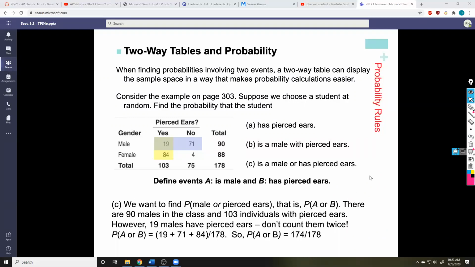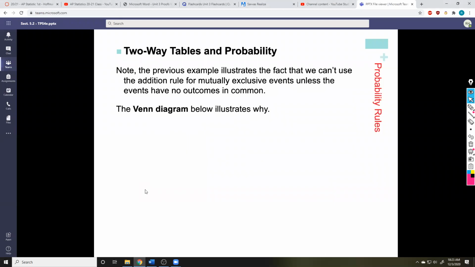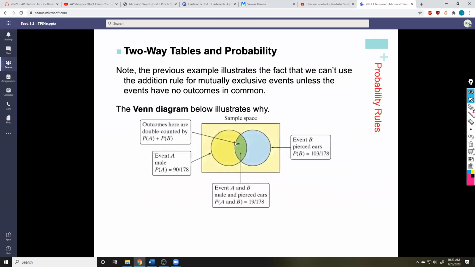Okay, next slide is kind of recapping the ideas that we just talked about here. This is another visual way to illustrate what we just did, which is that we can draw a Venn diagram. So here's everything.